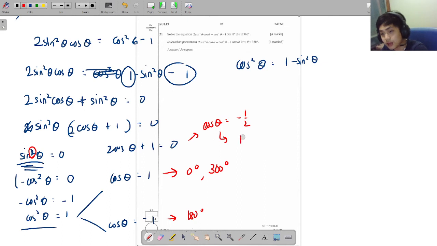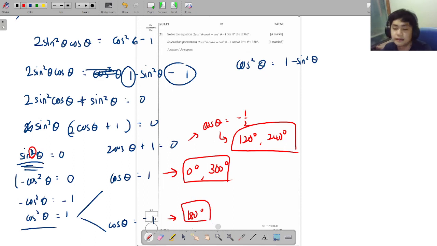So this is 120 degrees, and this is 240 degrees. Right. So we have the same answers here, but just that there's a little bit of a trick here. So I guess the better way is the previous one in that sense.